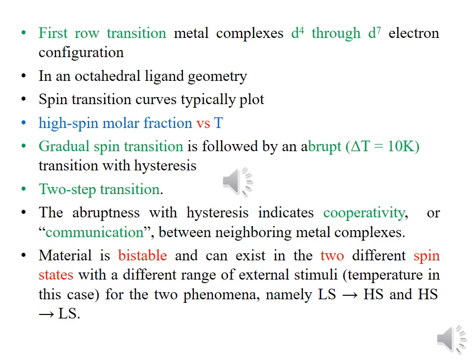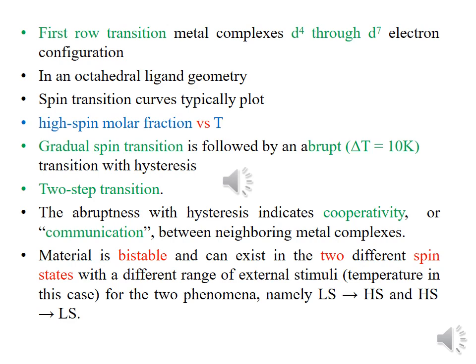In the gradual transition curve, we take temperature on the x-axis and high spin molar fraction on the y-axis. As the temperature increases, the spin state of the complex changes, meaning the low spin complex is changed into a high spin complex.